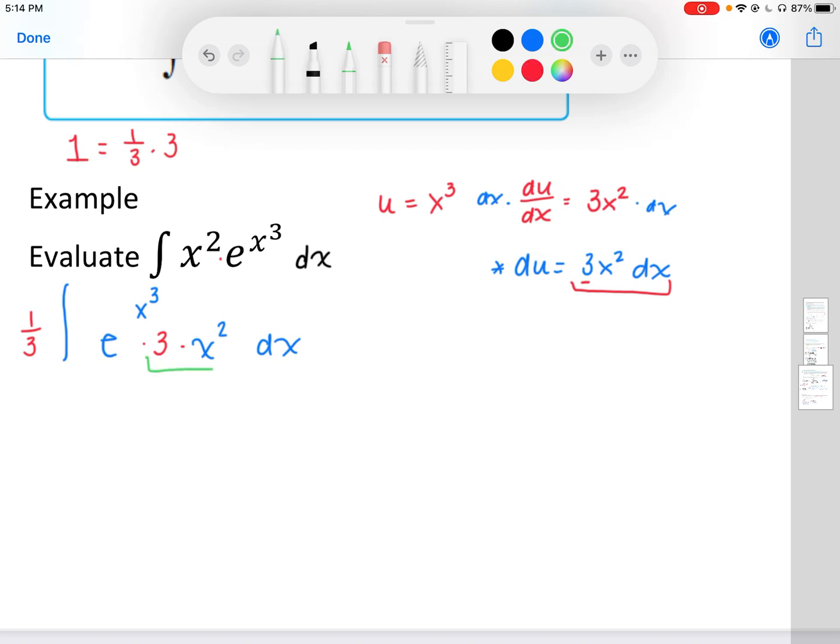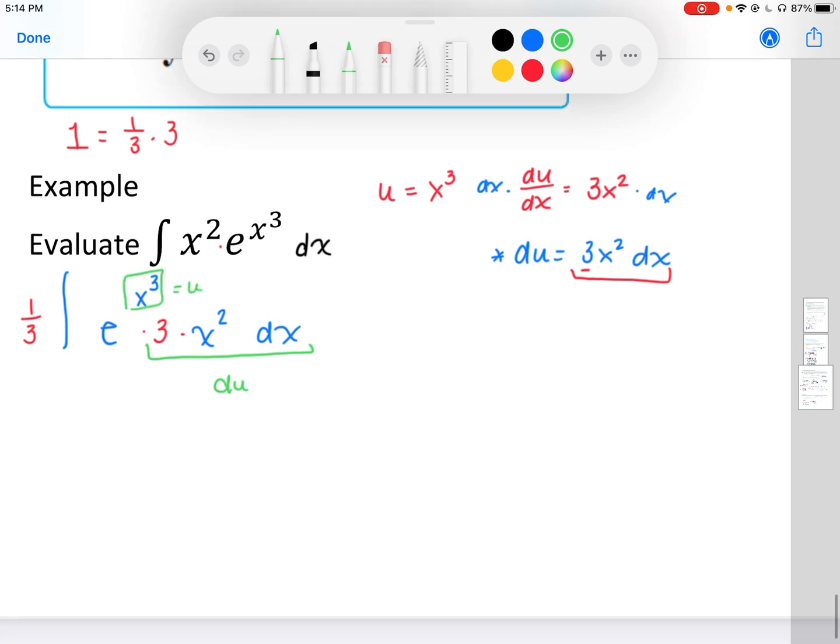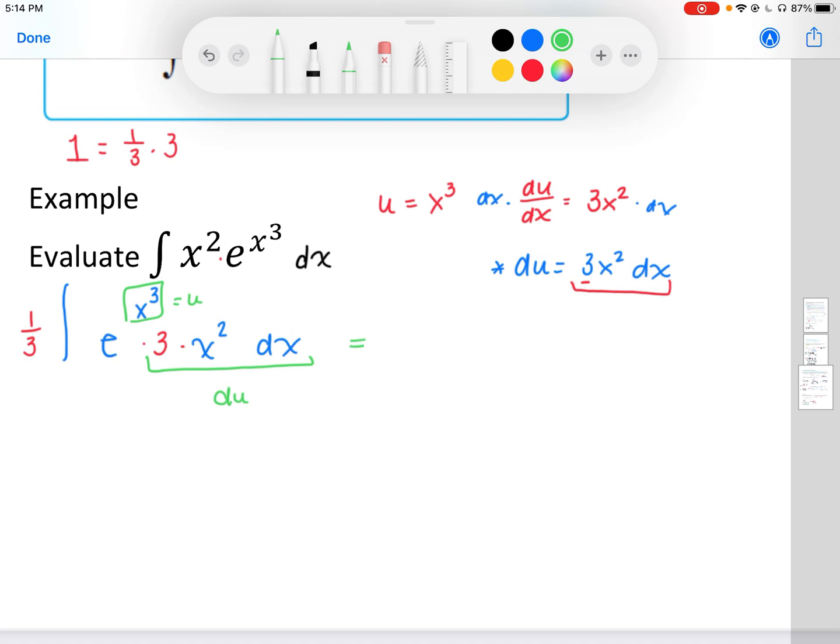So we have this part right here, which is our du, and this part right here, which is our u. So let's go ahead and make that replacement. So that we have 1/3 e to the u du. Let's go ahead and take the integral, the antiderivative, so we're left with 1/3 e to the u plus c.